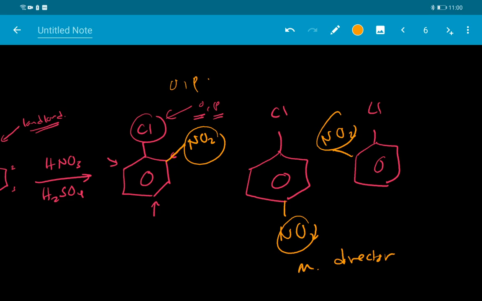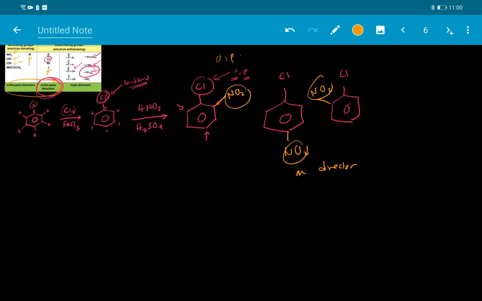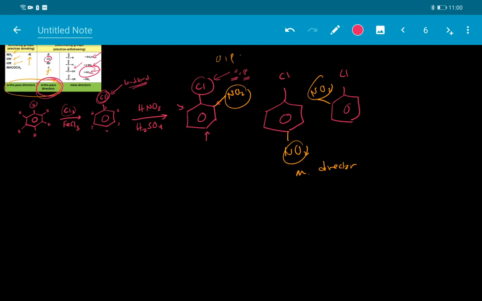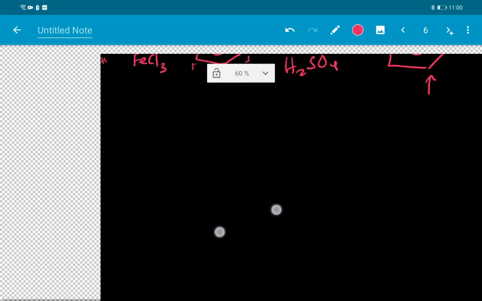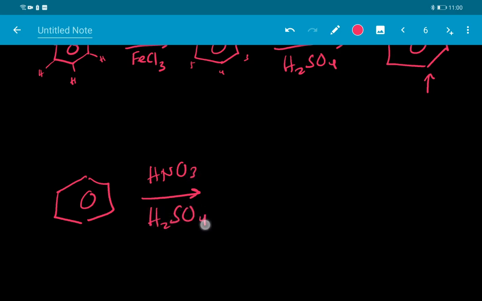What happens if we change this situation? For instance, instead of chlorine masuk dulu, kita masukkan nitro. So it will look like this. First it was benzene, and then the nitro comes first. In order to add the nitro, we put nitric acid together with the sulfuric acid.